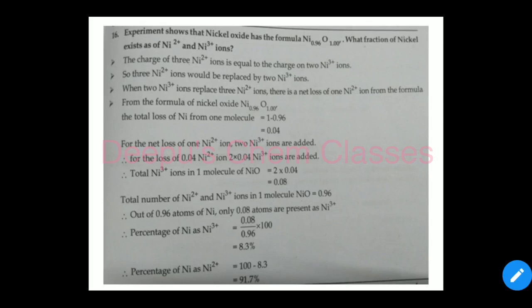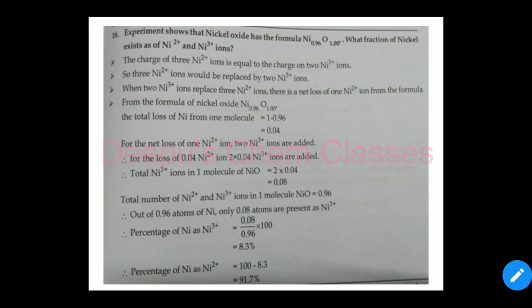Problem number 16. Experiment shows that nickel oxide has the formula Ni 0.96, O 1.00. What fraction of nickel exists as Ni2+ and Ni3+ ions? Do you understand the question first?